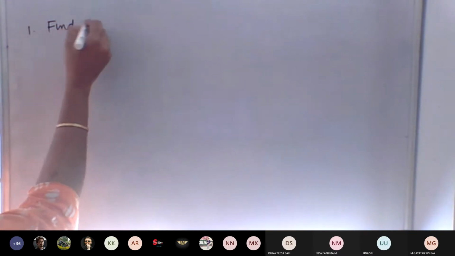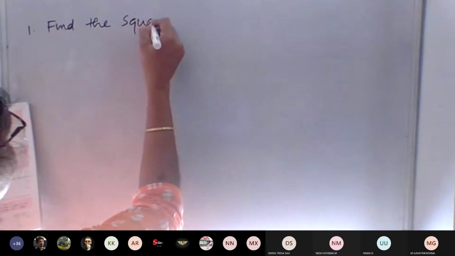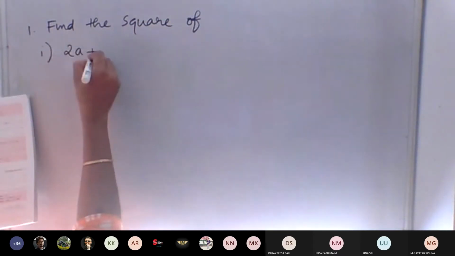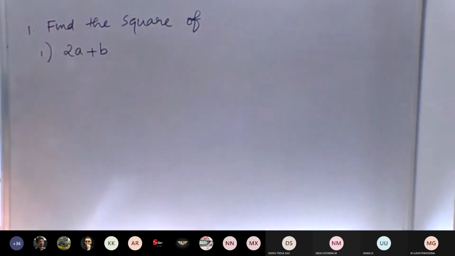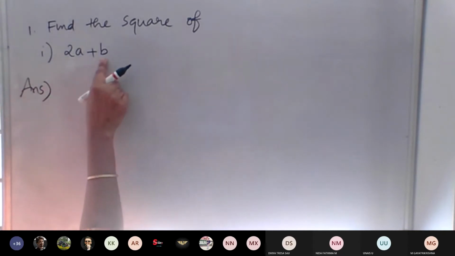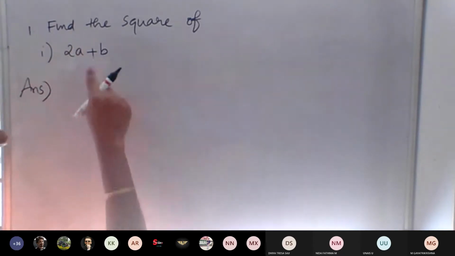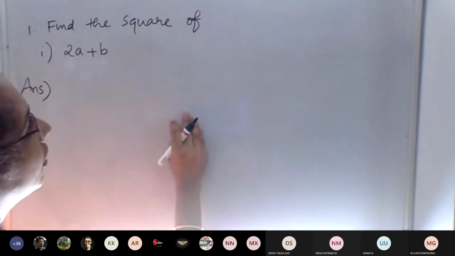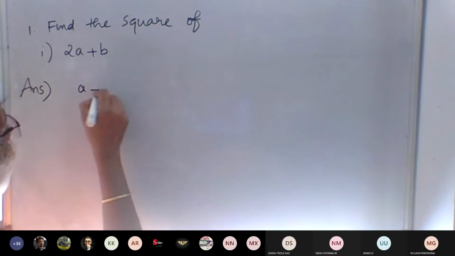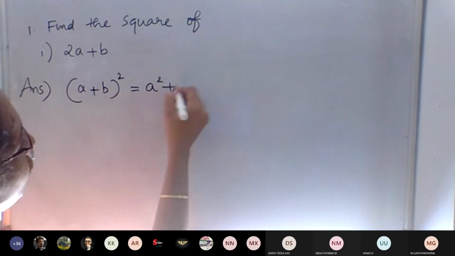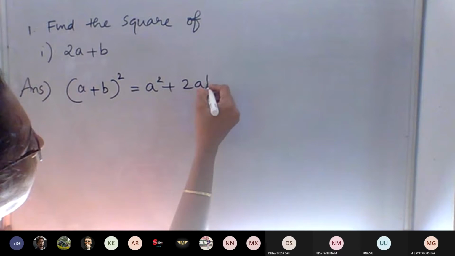Find the square of. First question: 2a plus b. So the answer will be in the form of the formula, and you should write the formula, very important: a square plus 2ab plus b square.